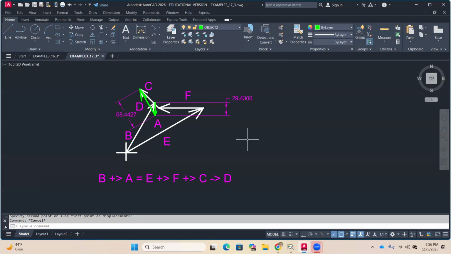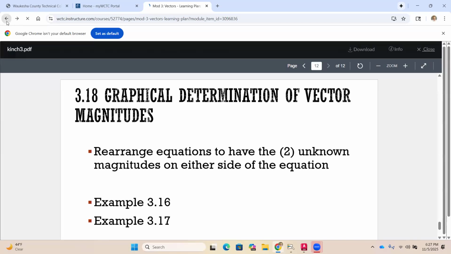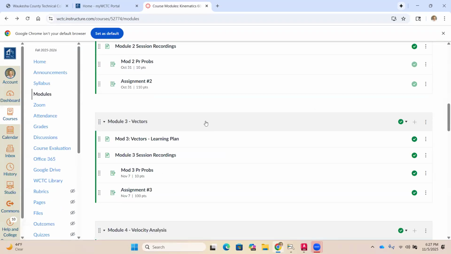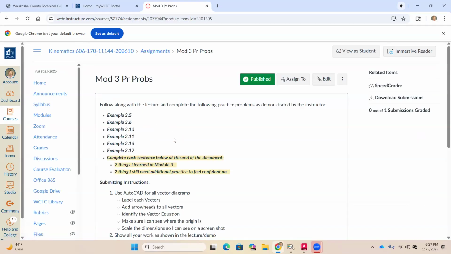So this would be the last problem to add to your Module 3 practice problems, okay? Any questions on the practice problems before we leave this? Okay, now I'm going to go over to Module 3. I'm going to click on the practice problems here.